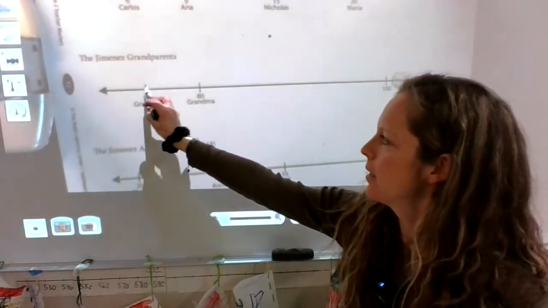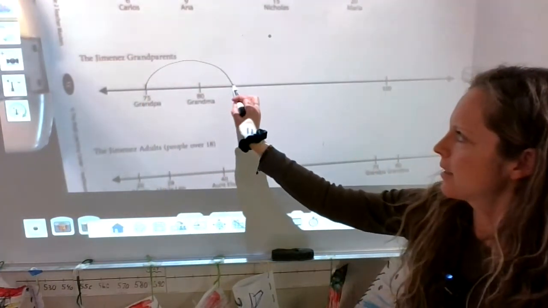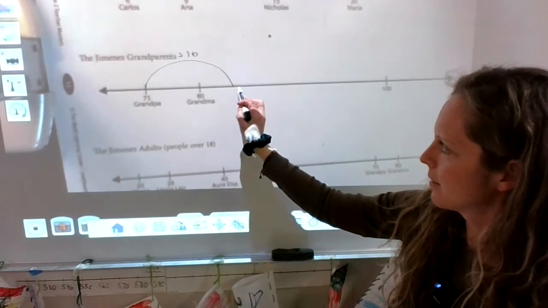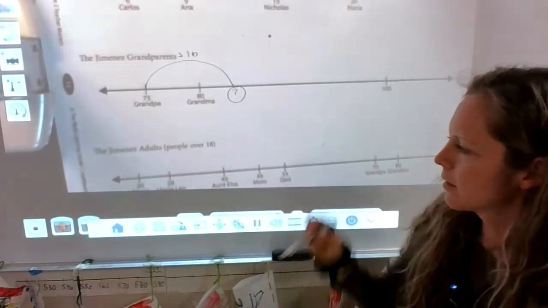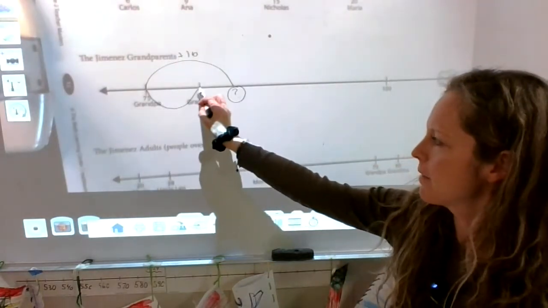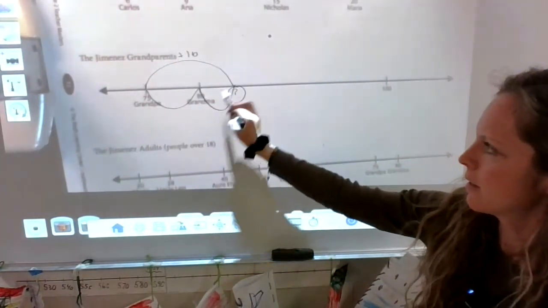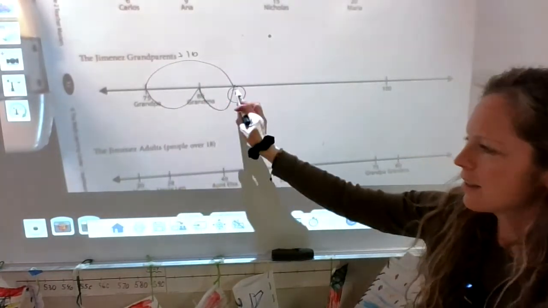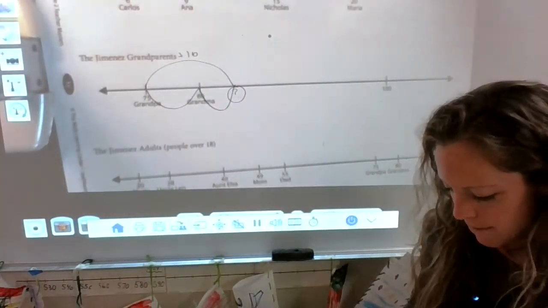Here's Grandpa. In 10 years, how old will he be? Or we could do it this way. 5 plus 5. So there's my 75 to 80, 80, 85.